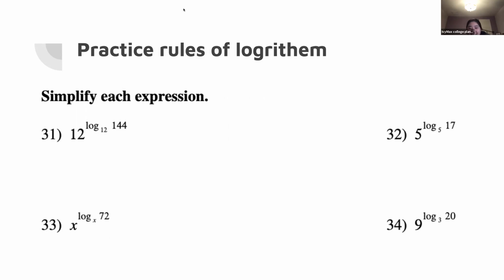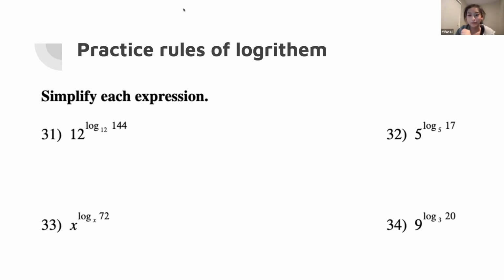Ethan, do you want to go over 31, 32 maybe? Okay, so for number 31, we'll apply the rules, number 7.